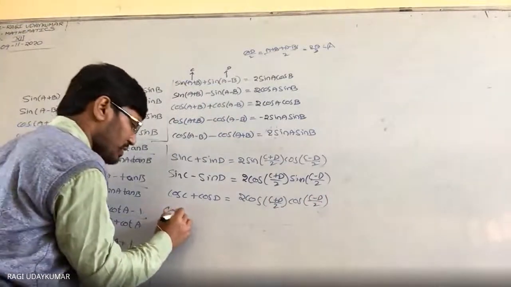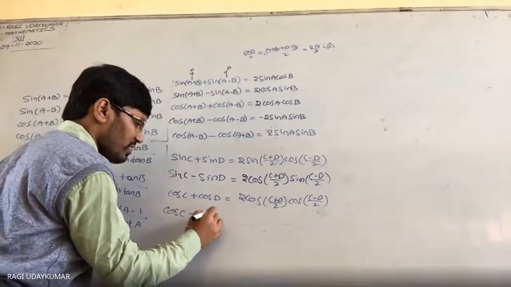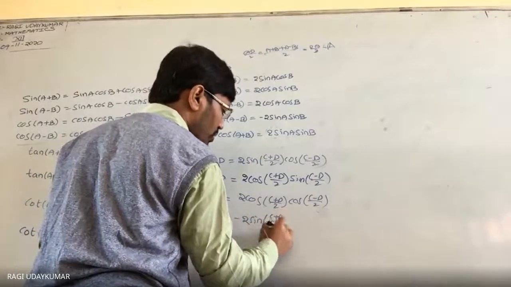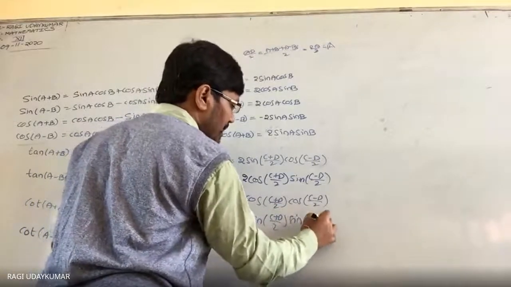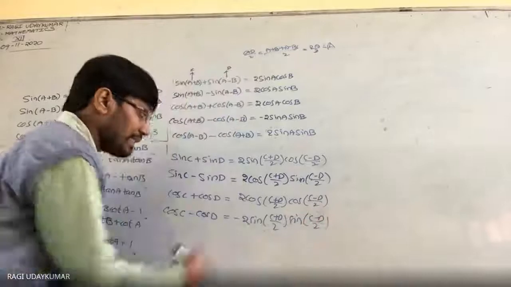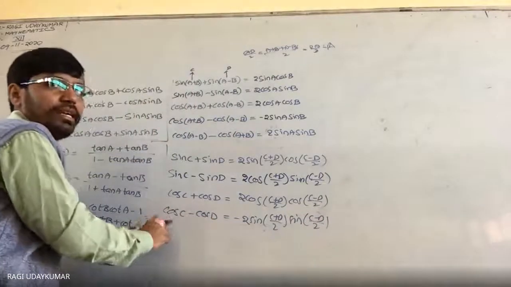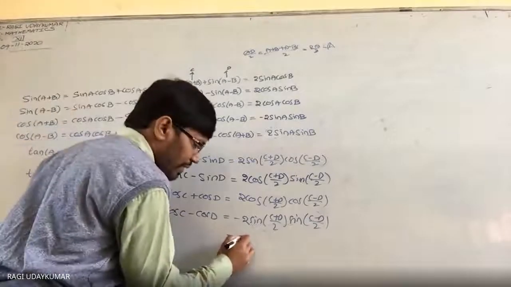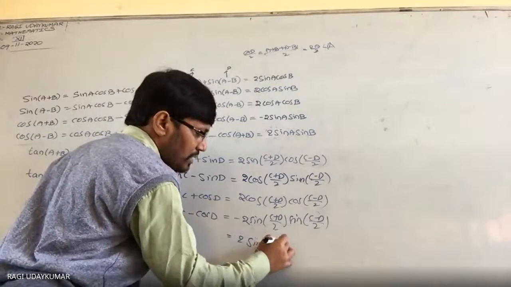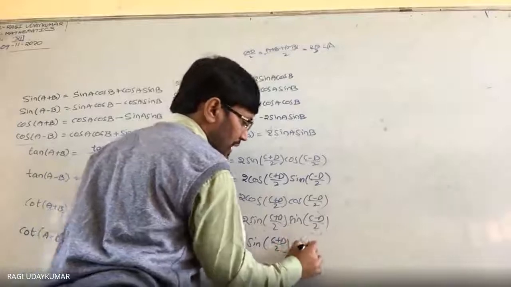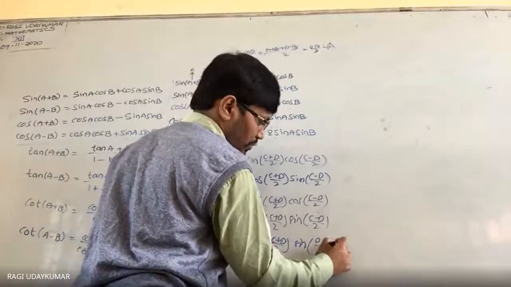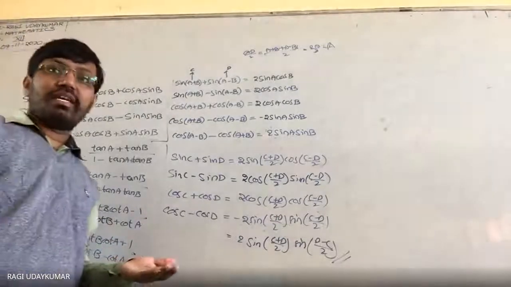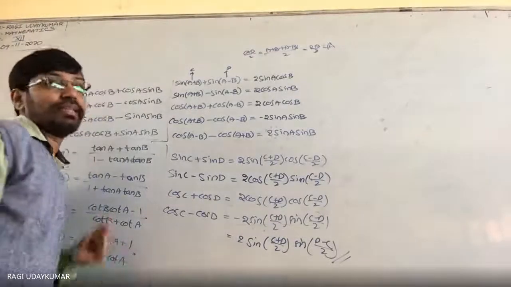Cos C minus cos D is equal to minus 2 sin((C plus D) by 2) sin((C minus D) by 2). This can be written in another way: write D here and C here, and the minus disappears. Or you can write it in another way also: 2 sin((C plus D) by 2) sin((D minus C) by 2), because sin of a negative angle, sin(minus theta), is equal to minus sin theta.